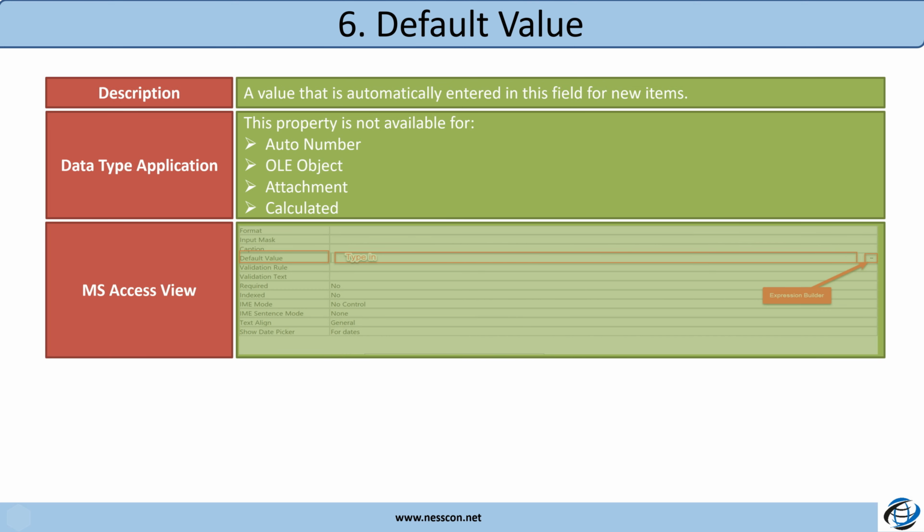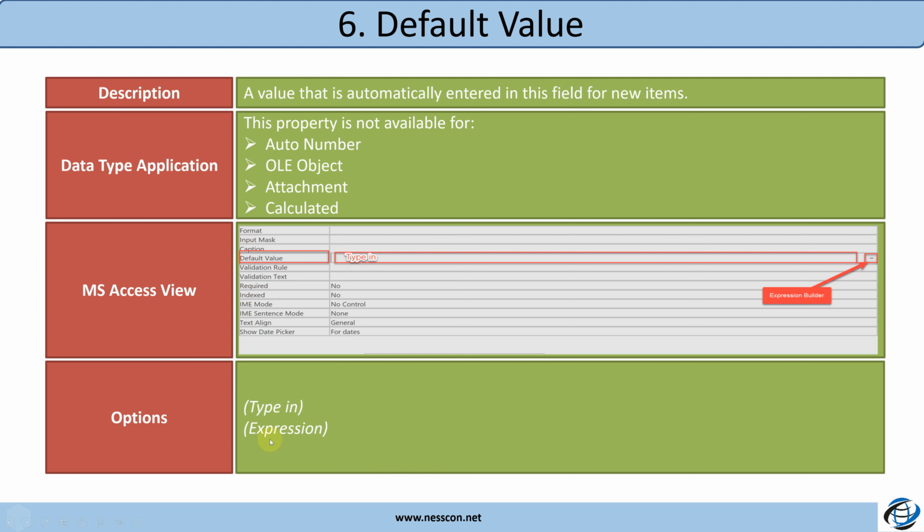This is how it looks in MS Access. If you see here, Default Value. Either you can type in some value or you can go to the expression builder and create some expression so that the default value can appear automatically while creating a new record in the table.